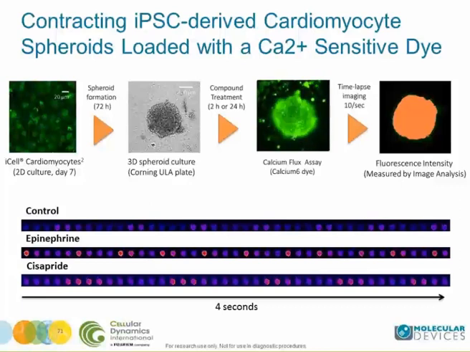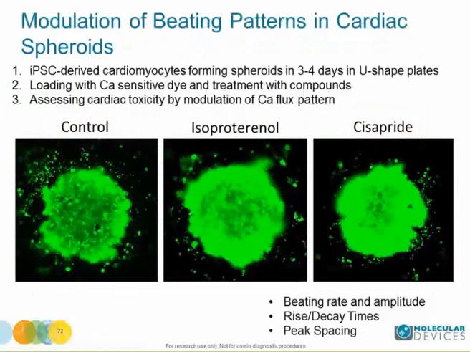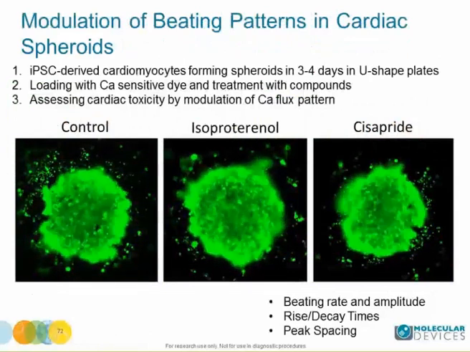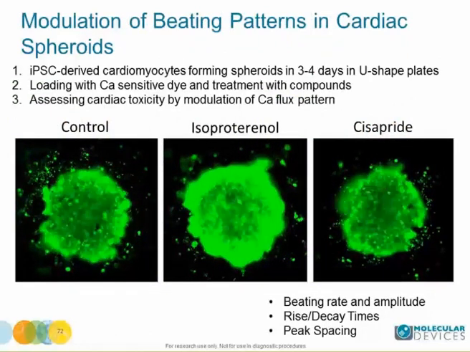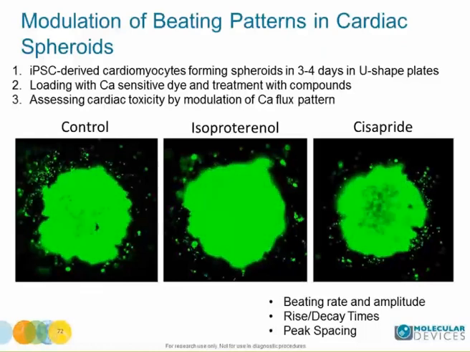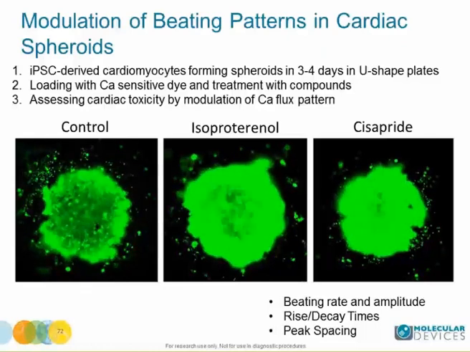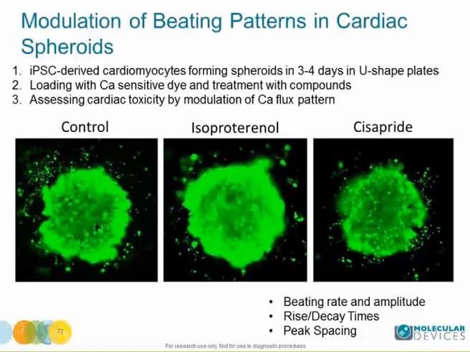Significant alteration of the baseline beating pattern was observed in response to cardioactive and cardiotoxic compounds. Spheroids were loaded with calcium-sensitive dye and treated with different compounds. In this example, you can see control spheroids and also spheroids treated with isoproterenol or cisapride.